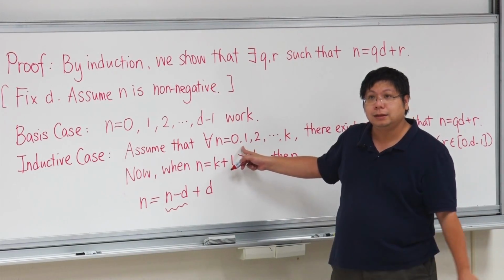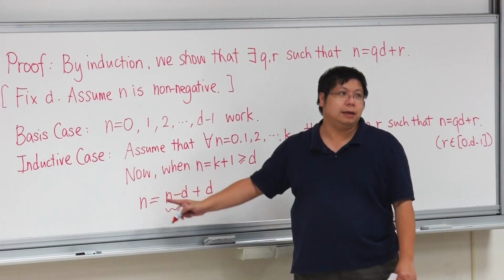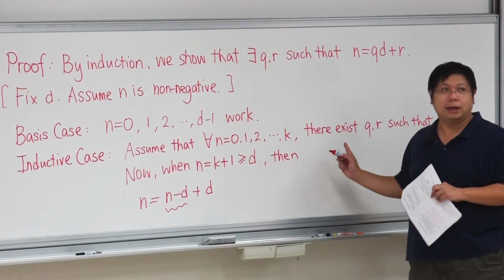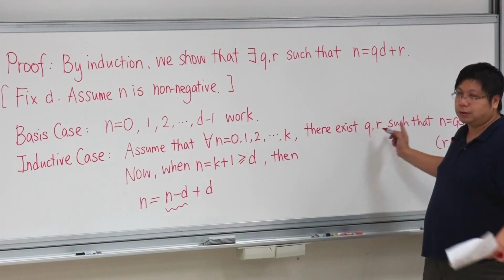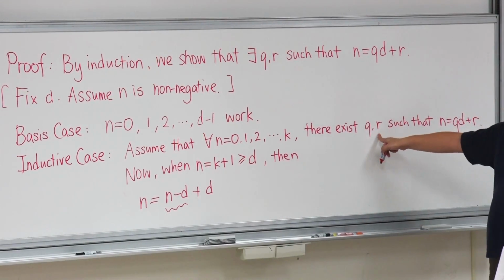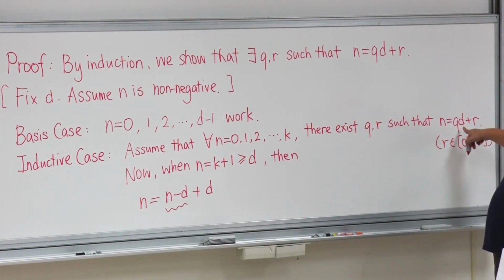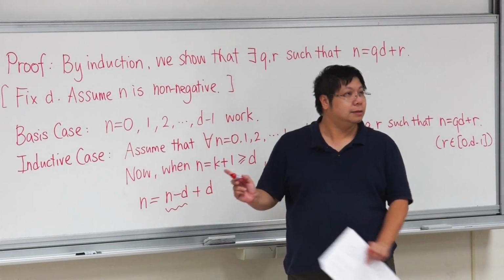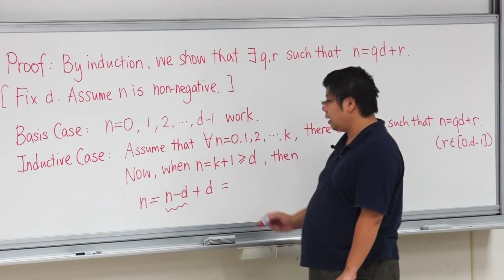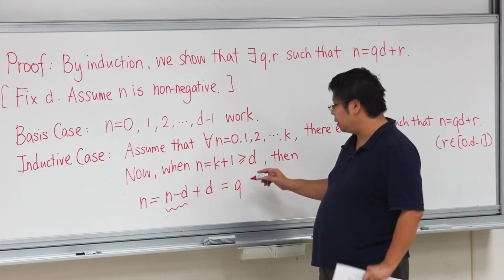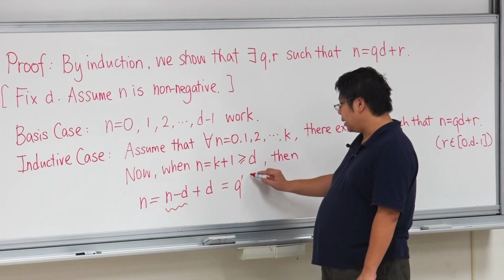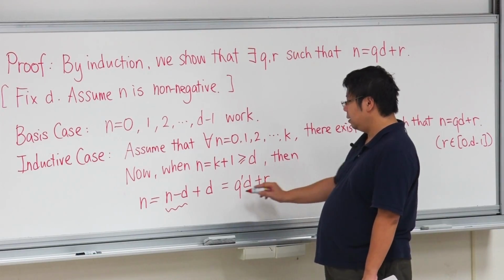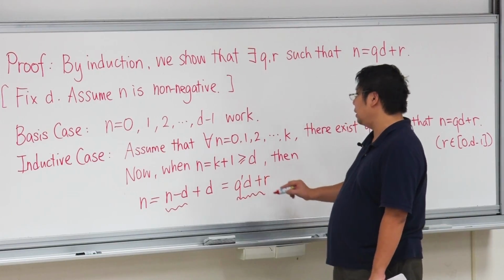Am I correct? So in that case, n minus d is some number for which we have assumed there are Q, R pairs, not necessarily unique, such that Q times d plus R is equal to this n minus d. Is that okay? So you can write this as some Q prime times d plus R, which is equal to n minus d.